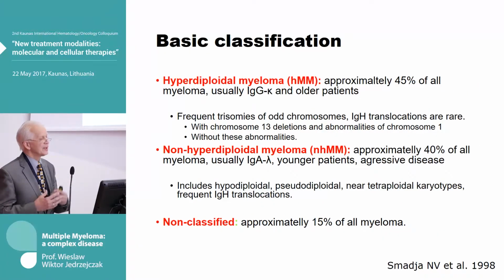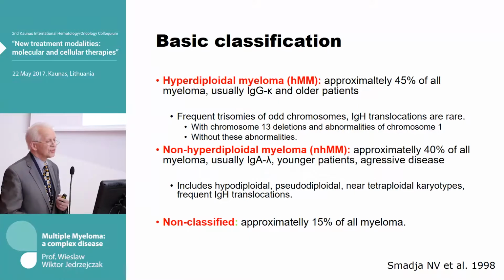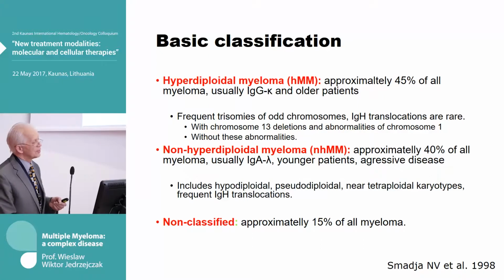From the primary changes, one can divide multiple myeloma into so-called hyperdiploidal myeloma, which is approximately 45% of all myeloma, usually IgG kappa, and in older patients usually has slightly better prognosis than non-hyperdiploidal myeloma, which is again approximately 40% of all myeloma, usually IgA lambda, in younger patients, a more aggressive disease.